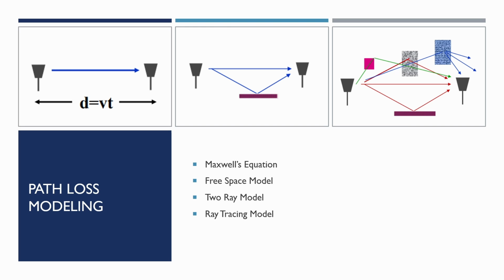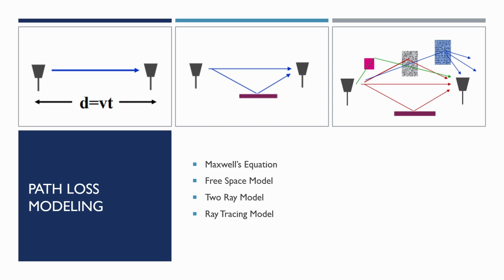In the first picture above, on the left side, we can see the free space model, also called the line of sight model, because there is no obstacle between the receiving side and the transmitting side.